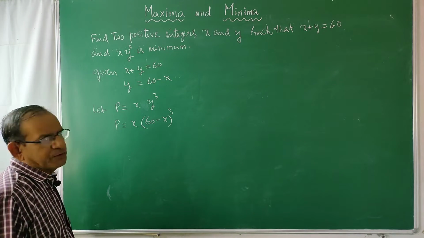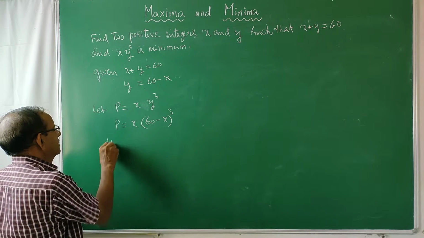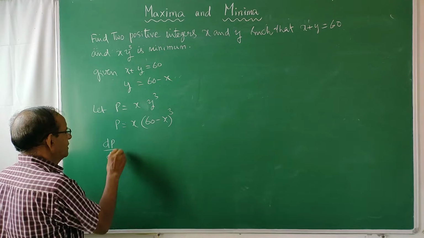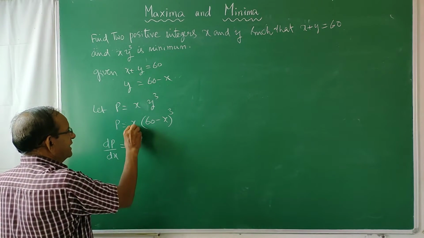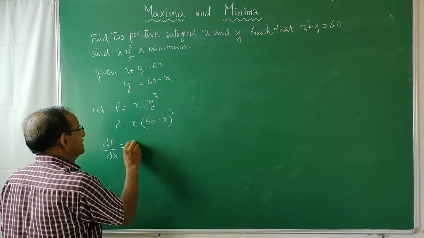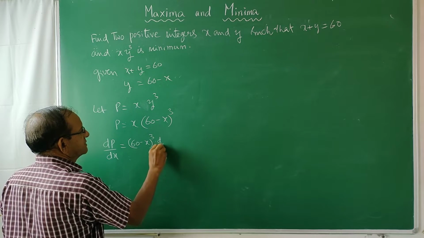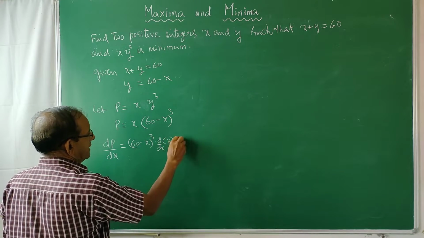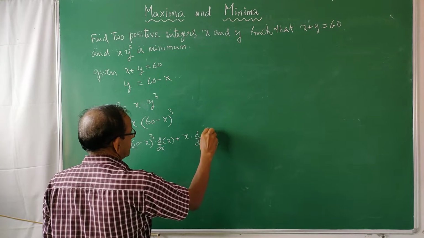Now let us find the first derivative of p, dp by dx. Because it is a product, we have to use the product rule. First, 60 minus x whole cube into d by dx of x, plus x into d by dx of 60 minus x whole cube.